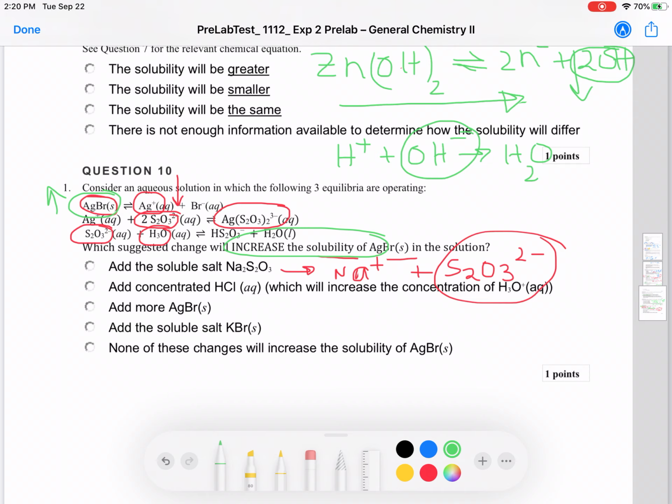If the amounts of these two decrease, then we can increase the solubility. And that can be done by adding salt sodium thiosulfate, because we know that silver ion directly reacts with thiosulfate. So we are removing the silver ions. As a result, silver bromide solubility increases.